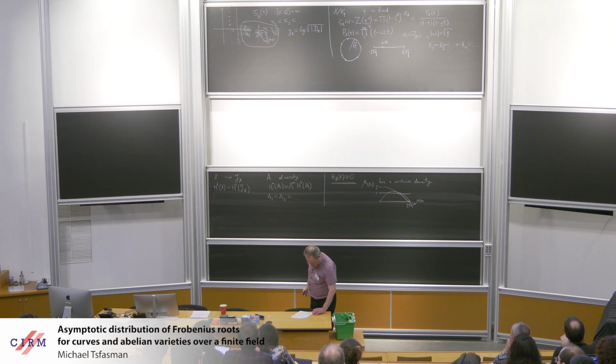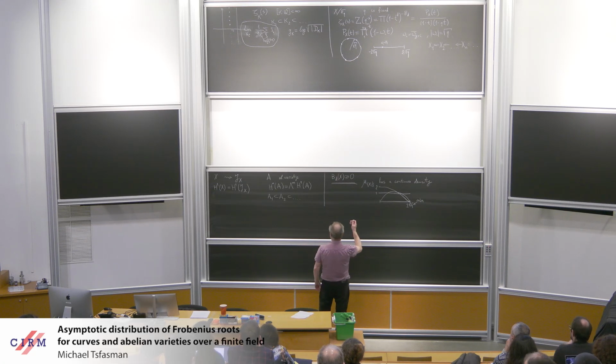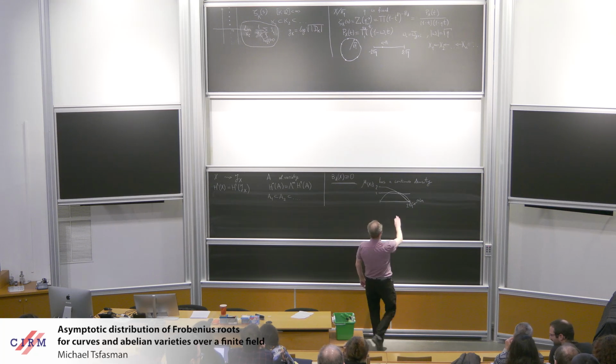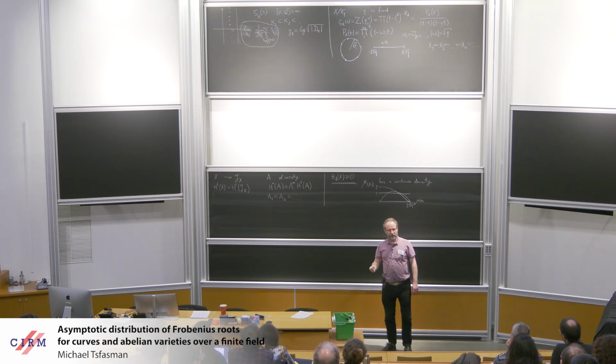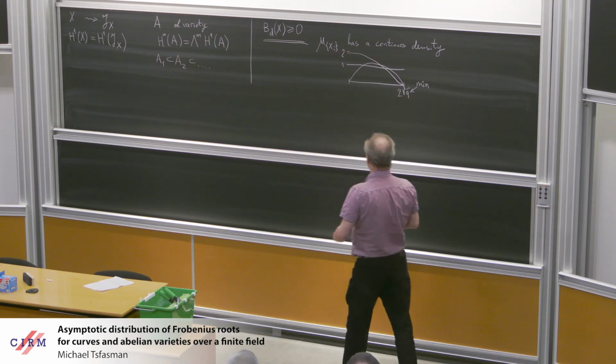Before I pass to abelian varieties, there is an open question for curves. That is, suppose I have such a measure. Is it realizable? Is there a family of curves that has exactly that limit measure or not?